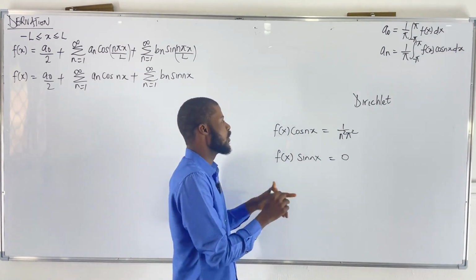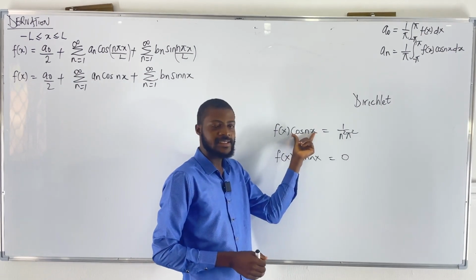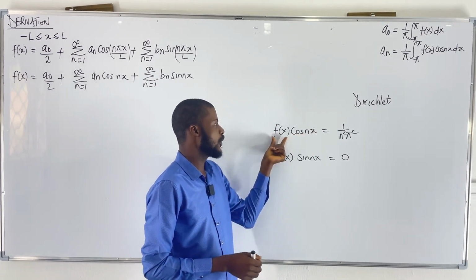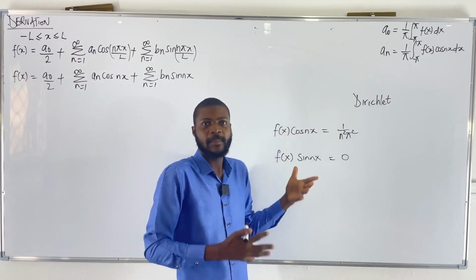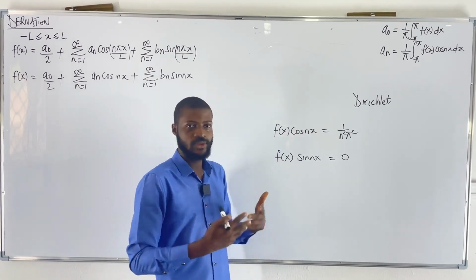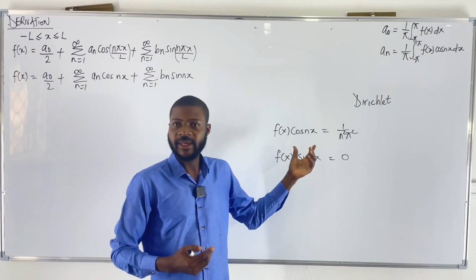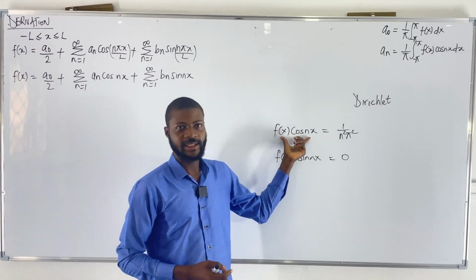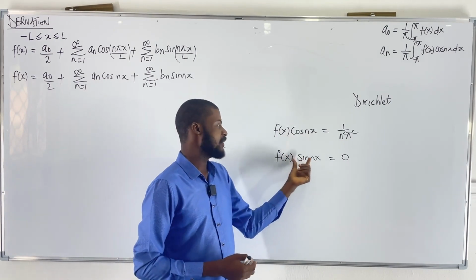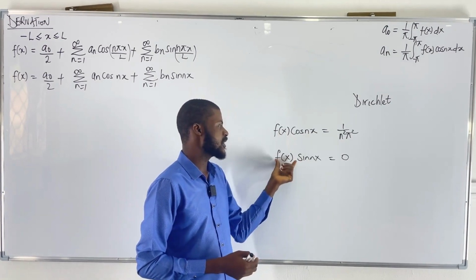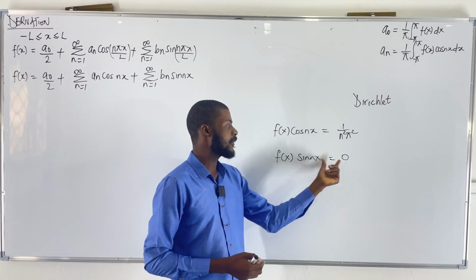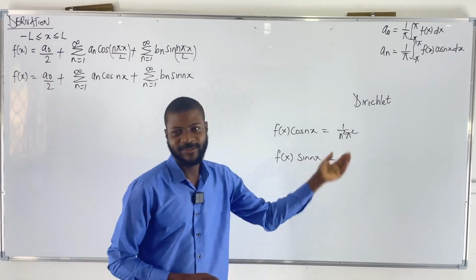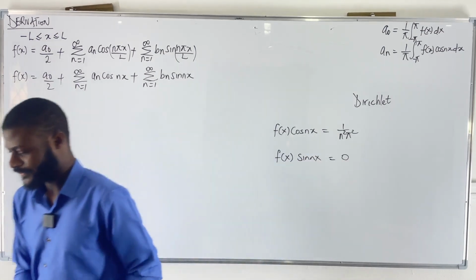So the reason for us to multiply with cosine is because cosine will tell us, if this increases in its magnitude, if it doubles up or if it rises, that means the function itself is going to be having cosine in it. And if it was supposed to be only a function with cosine, and then I multiply by sine, I'm going to have 0. But let me explain better. Let's derive it.